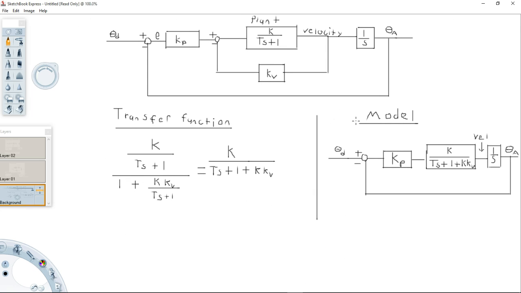So after eliminating the first feedback loop, you can see that the model looks a lot cleaner, and this is how we were able to derive this transfer function. We can further reduce the control system by doing the following.